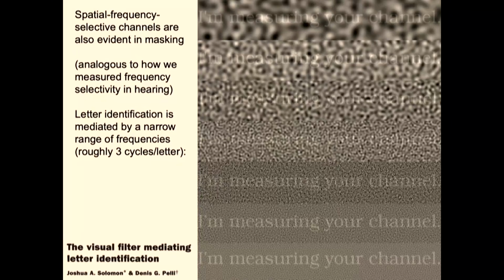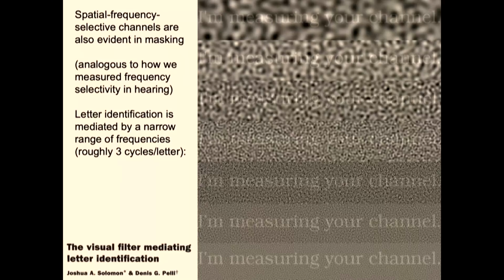And what you are supposed to be able to see is that it's pretty easy to read the letters at the bottom and also at the very top, but then there's this range in the middle where it gets hard to detect the letters. Okay, so this is more evidence that there is a spatial frequency selective channel that limits, in this case, your ability to detect the letters.